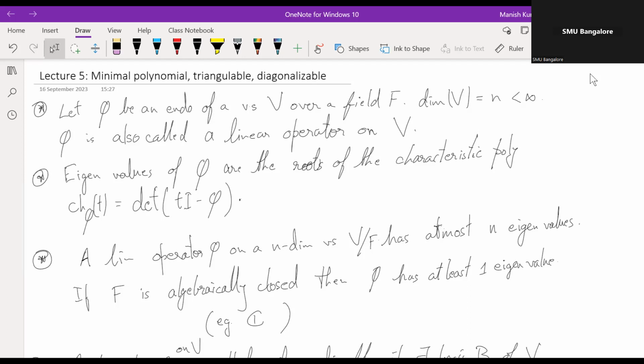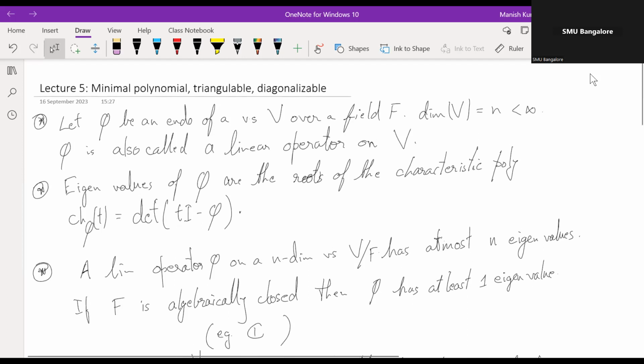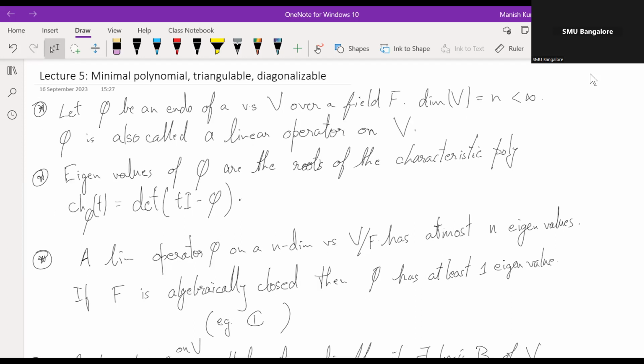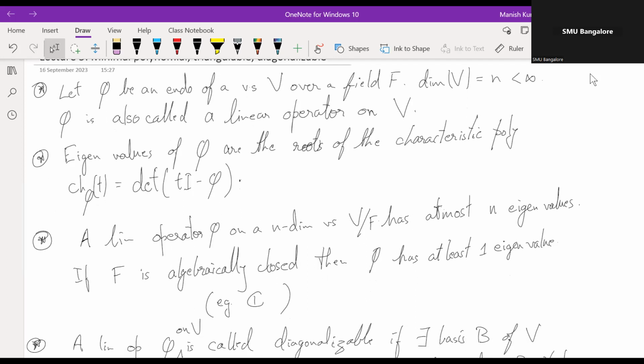So we can say that the characteristic polynomial is a product of linear factors. Any non-constant polynomial over an algebraically closed field is a product of linear factors, because any polynomial has a root. That's what algebraically closed means.